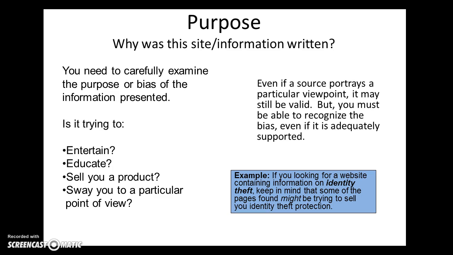Even if a source portrays a particular viewpoint, it may still be valid, but you must be able to recognize bias, even if it's adequately supported. For example, if you're looking for a website containing information on identity theft, keep in mind that some of the pages might be trying to sell you identity theft protection.